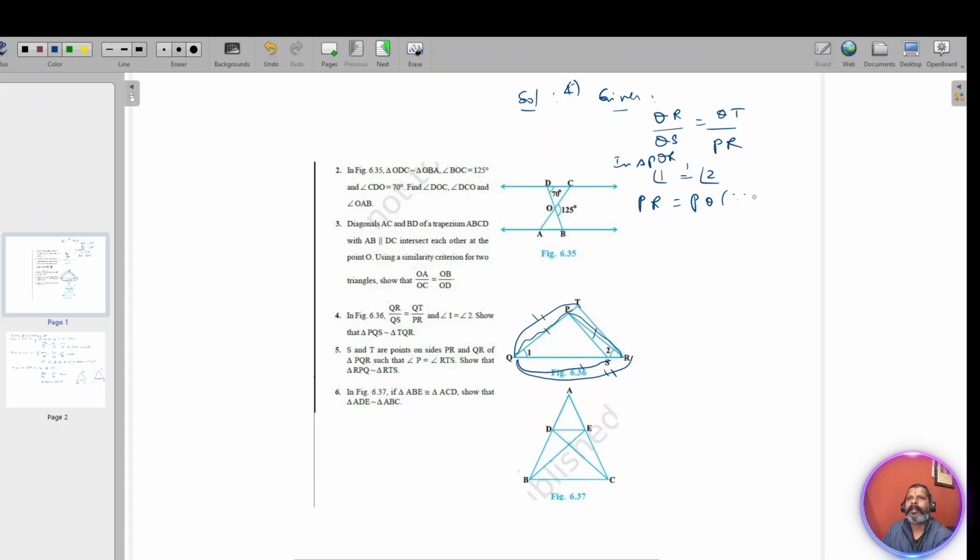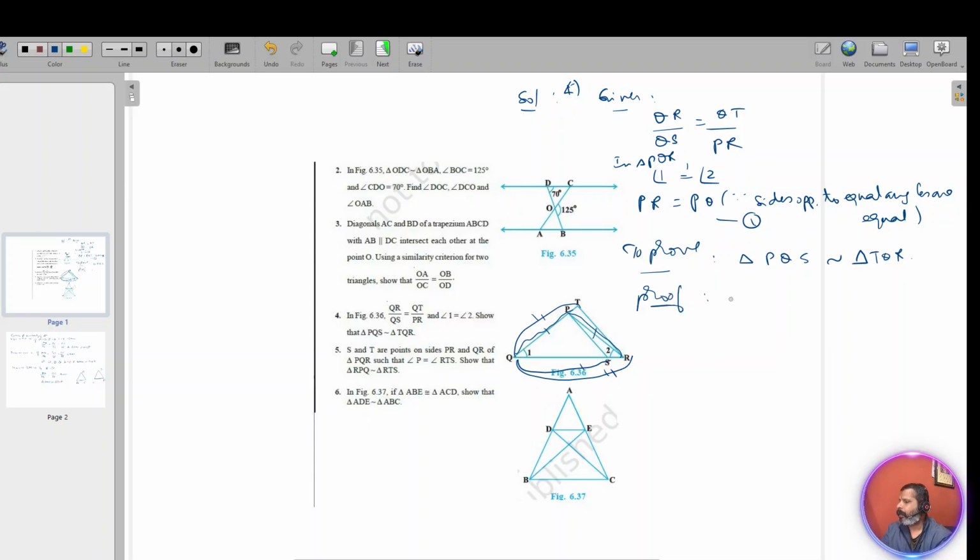You write the reason: sides opposite to equal angles are equal. We call this as 1. We need that, that's why I wrote it in the given. You can write it in the proof also. To prove: triangle PQS similar to triangle TQR.